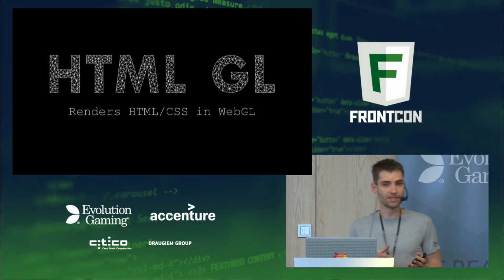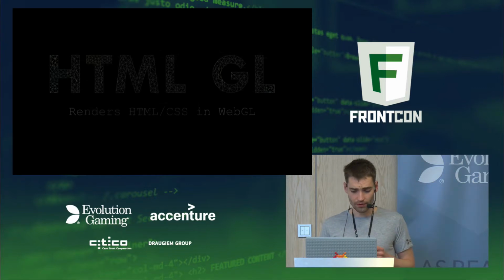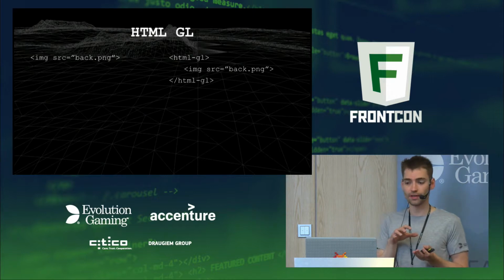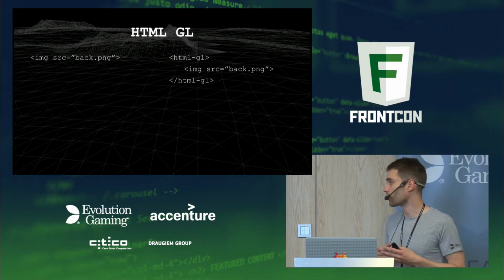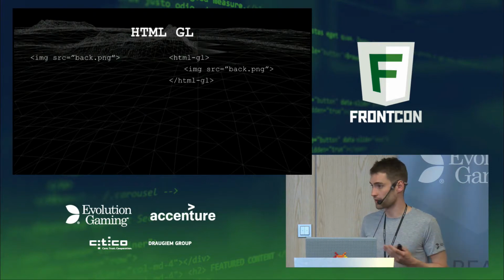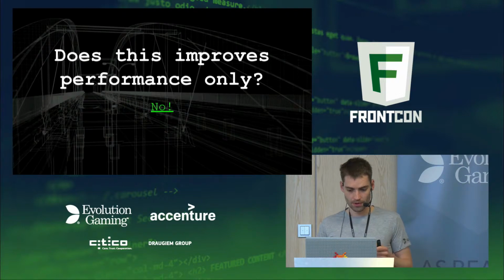After this performance research, we came up with a project called HTML-GL, which was a kind of wrapper for your HTML content. You wrap some HTML content in the HTML-GL tag, and it starts to render with WebGL. And it's not only about performance.